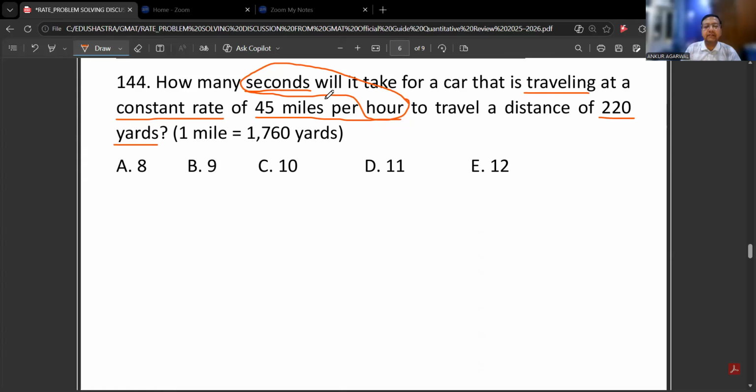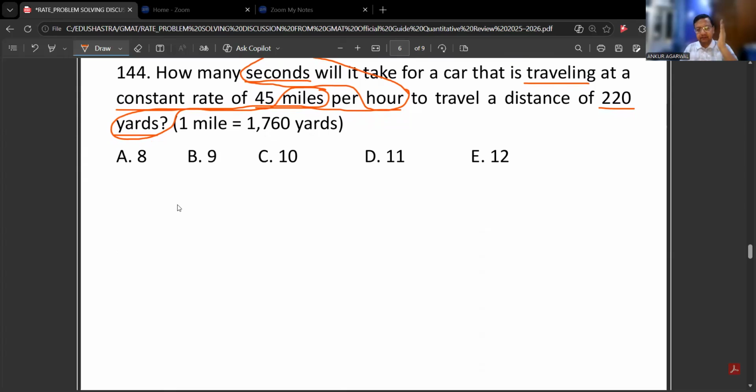So the second conversion I have to consider is yards and miles. So in this question, I have to convert both the units. So start, don't worry. Just take the question: 45 miles per hour.